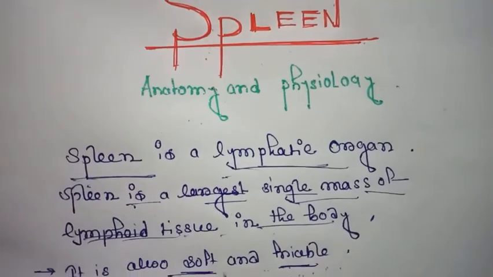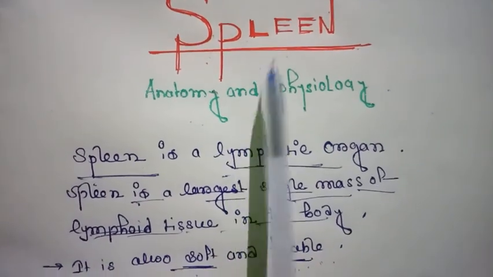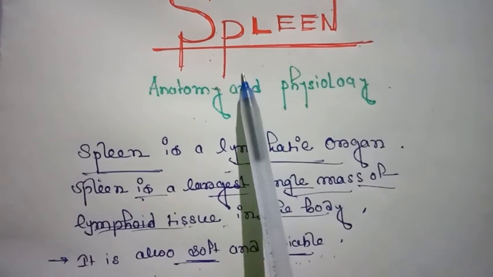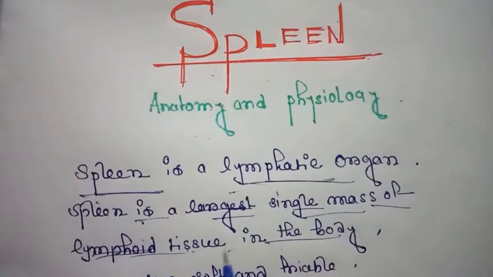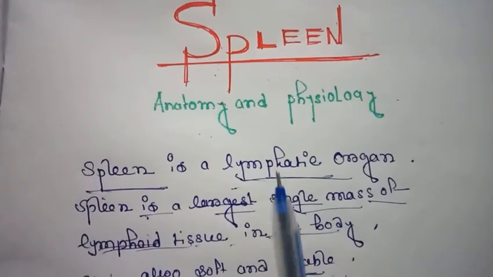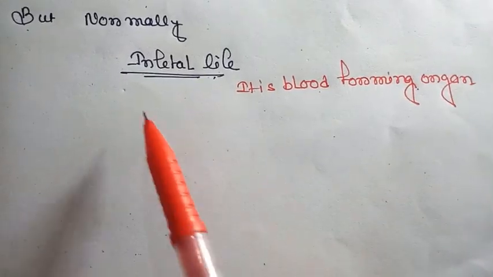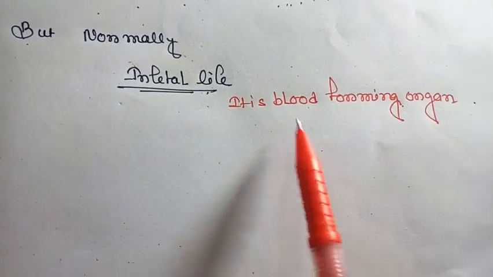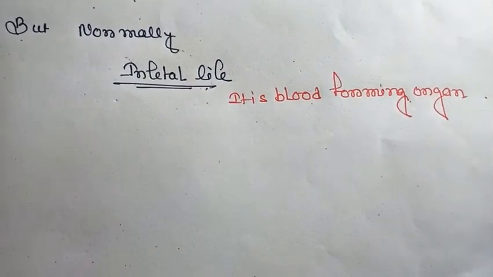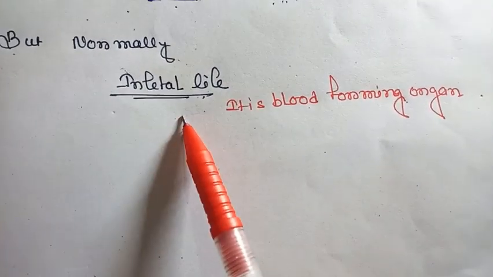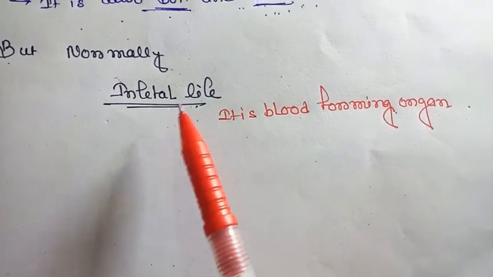I already discussed in the previous video that the spleen filters the blood or lymph and kills blood-borne antigens and microorganisms, that are viruses and bacteria. But in fetal life the spleen is a blood-forming organ. When a baby grows in the mother's womb, that is called fetal life.